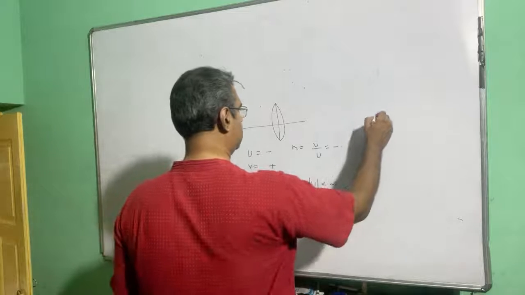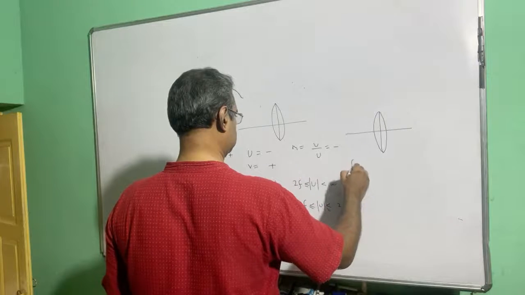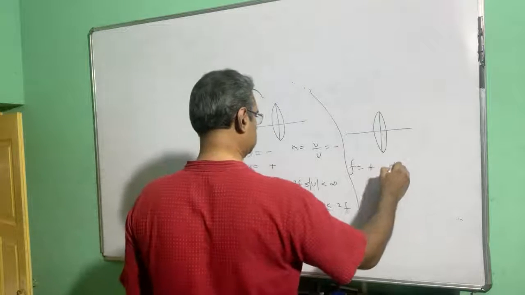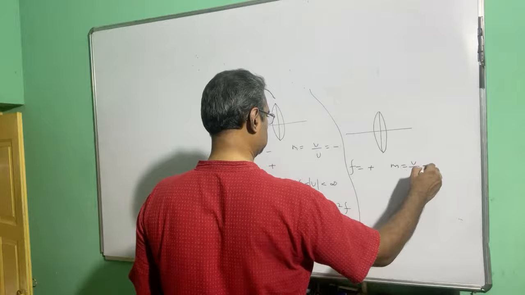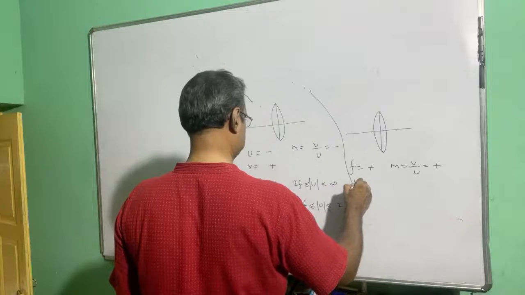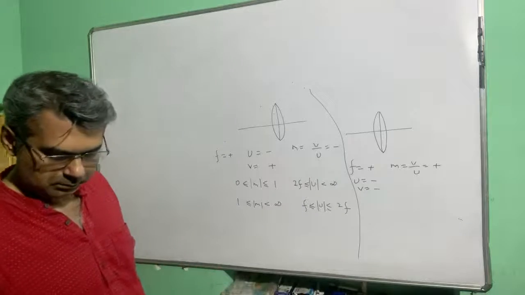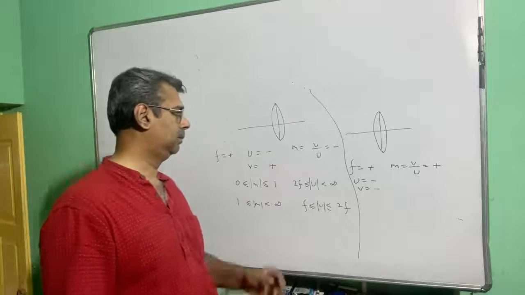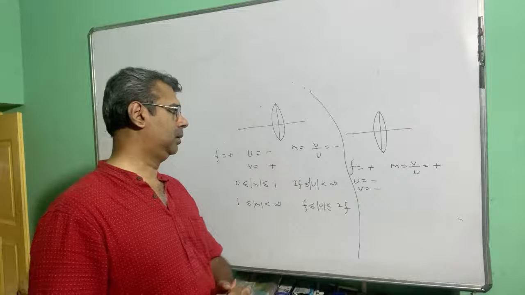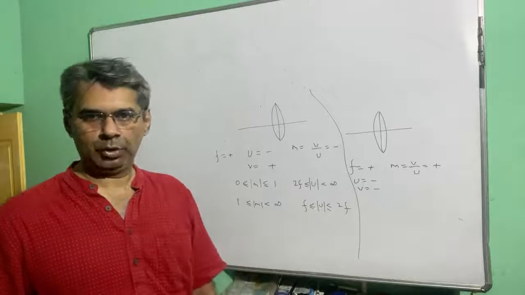The second detailing is that the magnification is V by U, but this time the object and image distance both are negative, right?